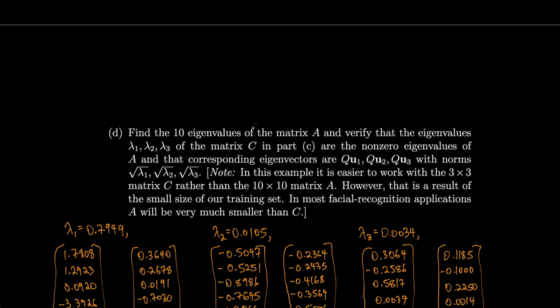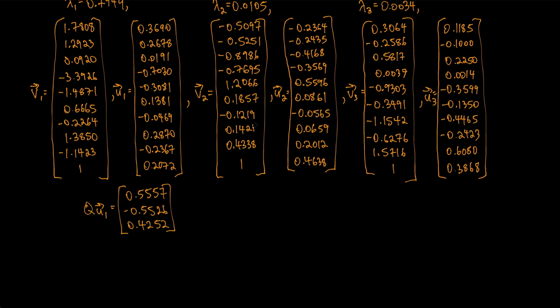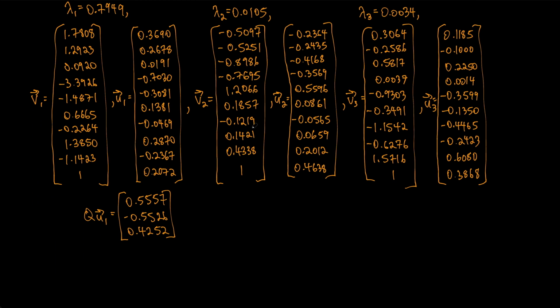However, it does still work as an eigenvector. Not all eigenvectors are the same. And if we take the length of QU1, then it turns out it does actually equal the square root of lambda 1 because it is equal to 0.8916. And let's do the same thing for QU2.